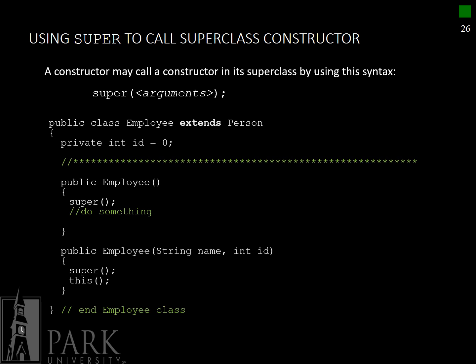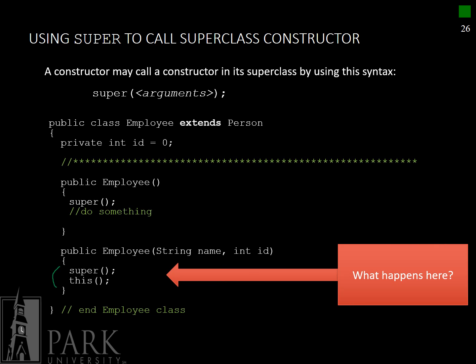And this rule is applicable for constructor calls to the constructors in the same class using this, and also for constructor calls to the constructors in the superclass using super, which we showed you in the demo. So what happens if you have a super call and a this call in a constructor as the first two lines? Well, we already showed you. You're going to get a compile error, right?